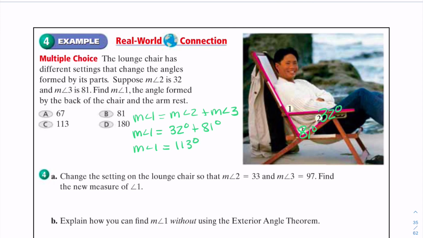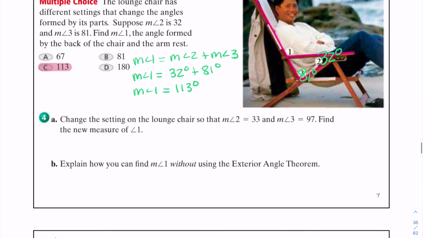So the answer is 113 degrees. And so now we're going to change the lounge chair so that the measure of angle 2 is 33 and the measure of angle 3 is 97. Find the new measure of angle 1.